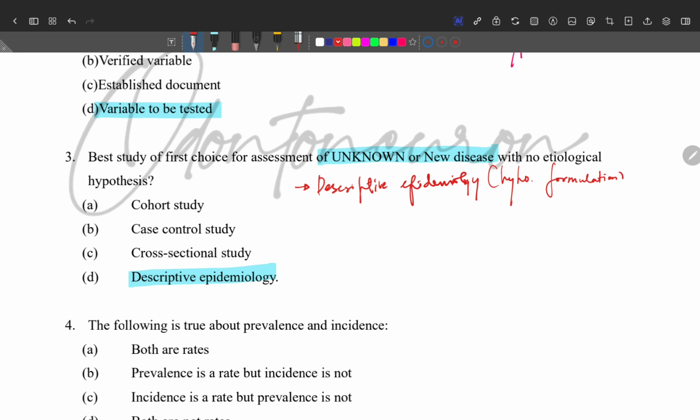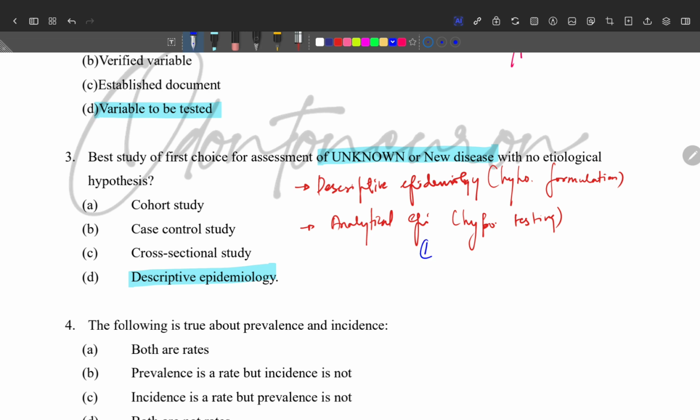You formulate a hypothesis. That first one is just to know. Next is analytical epidemiology, in which you test the hypothesis. How do you test the hypothesis?